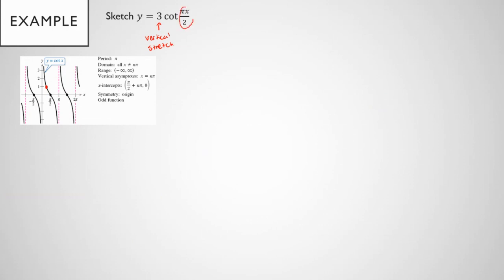And then we have pi x over 2. And so because we have a number multiplied by x, this is going to be affecting the period. And then it's also affecting the domain and the asymptotes because things are happening to x. So I just like to write that down so that I remember everything that I have to think about.